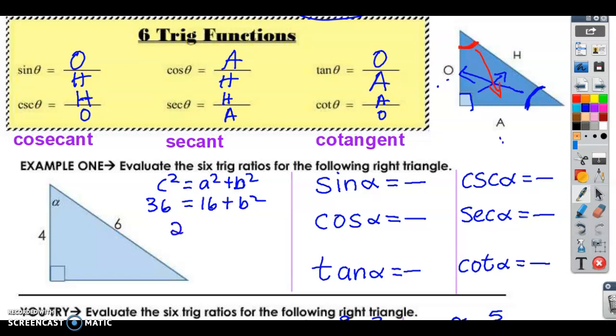So we get 20 is b squared, so b is root 20. Simplified, that is 4 times 5, so 4 comes out, and that becomes 2 square root of 5. So I'm going to just write that over here, 2 square root of 5. All right, now I'm going to fill that in for all my trig ratios. So this side is the hypotenuse, right?